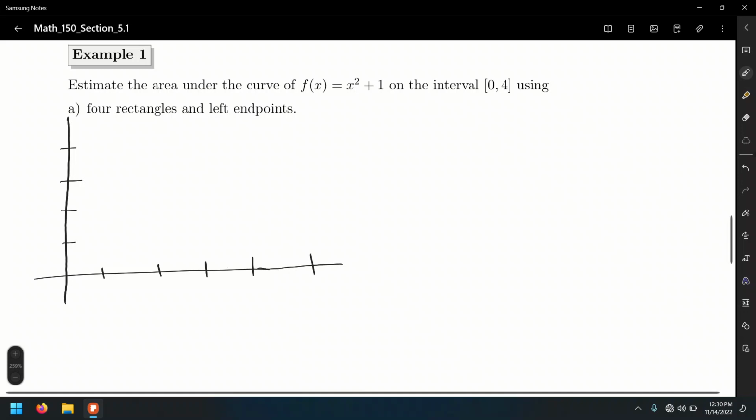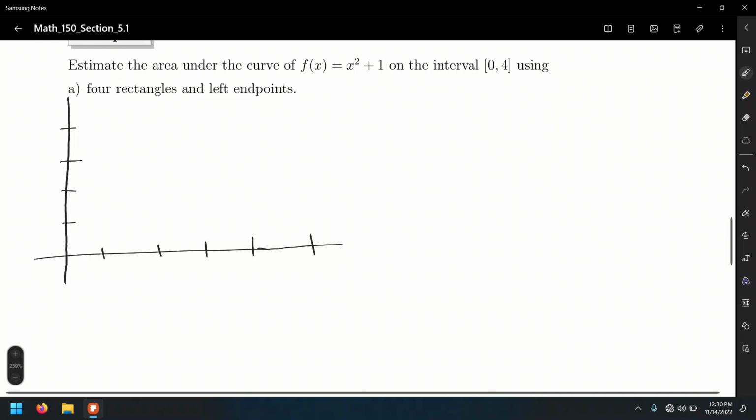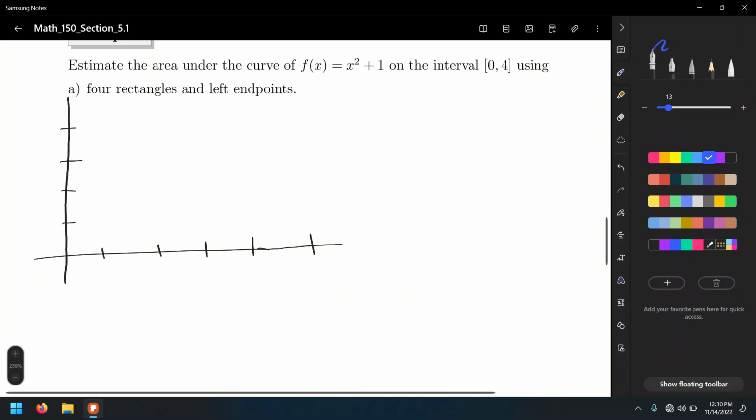And so we want to find the area under the curve y equals x squared plus 1, which is going to look sort of like this. I'm going to make it look like this so we can easily look at the region.